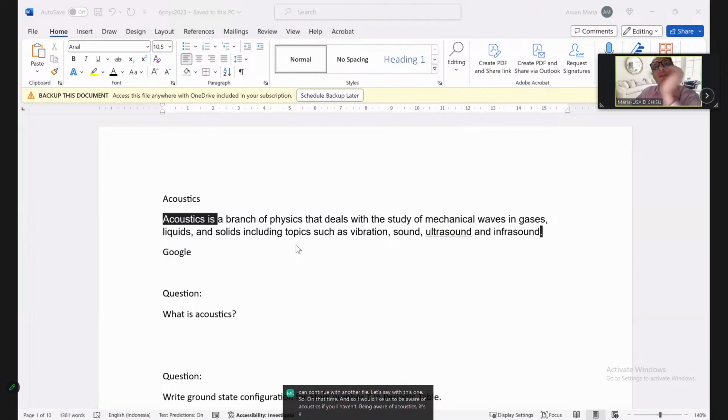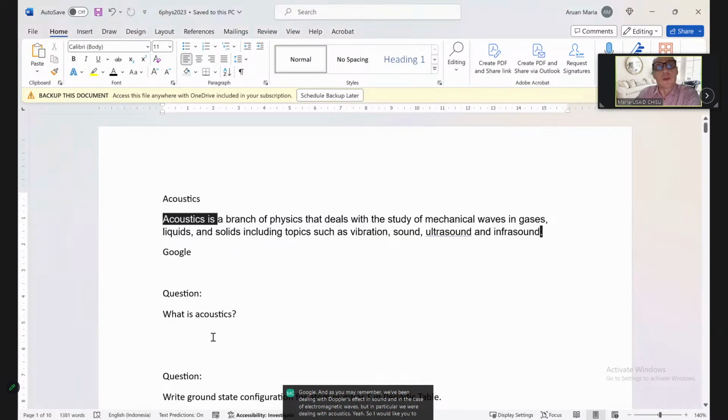It's a branch of physics that deals with the study of mechanical waves in gases, liquids, and solids, including topics such as vibration, sound, ultrasound, and infrasound. That's from Google. And as you may remember, we've been dealing with Doppler's effect in sound and in the case of electromagnetic waves, but in particular, we were dealing with acoustics.